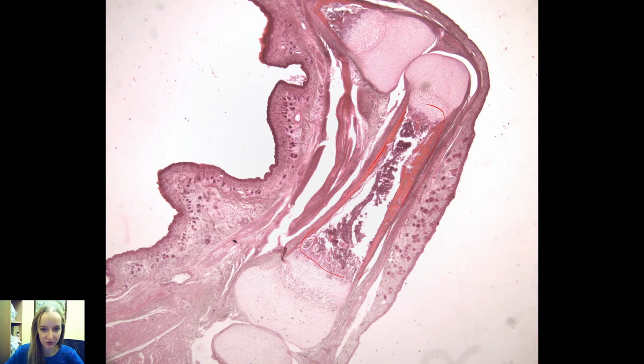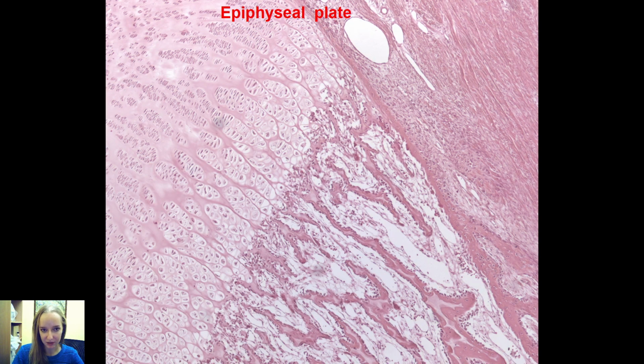This is just another photo, where you can see this epiphyseal plate that is forming bone, but we will look in better detail right now at what's happening. This is the epiphyseal plate right here. We can see that the cartilage right here is gradually transforming into the bone, which is here.